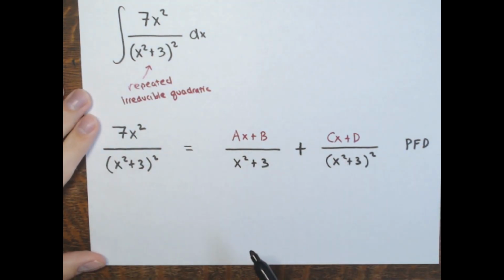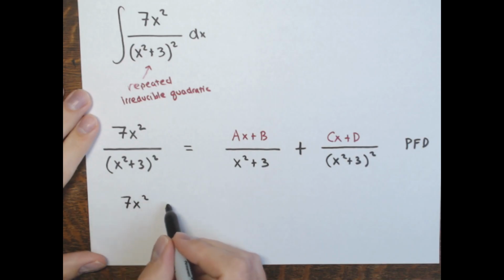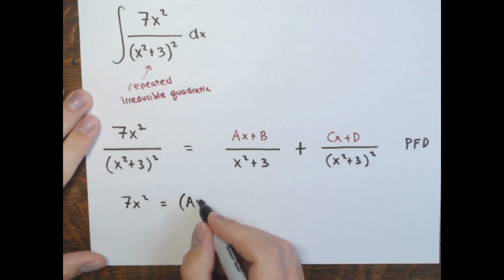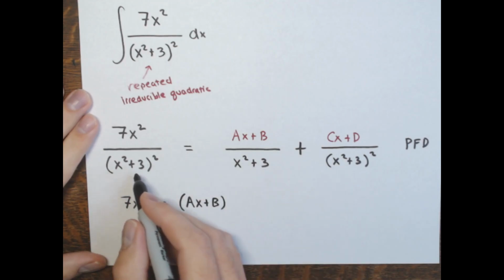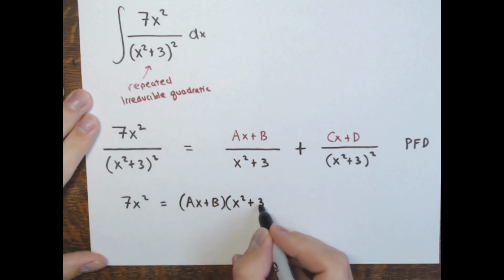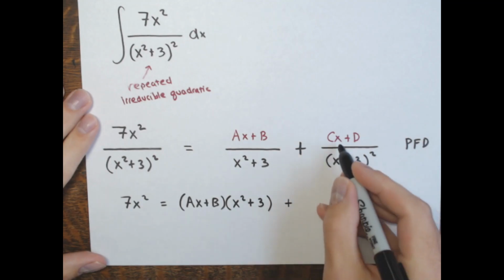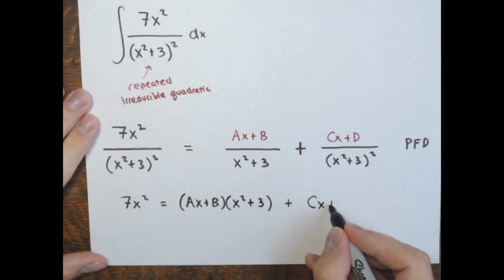So I multiply through by the denominator. Now on the left side, you got 7x squared. On the right side, you'd have ax plus b times, just one of these would cancel, so you still have the x squared plus 3. Plus, and then this, both would cancel, and you just have cx plus d.